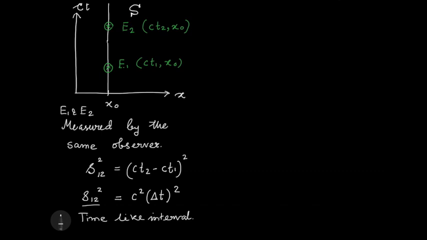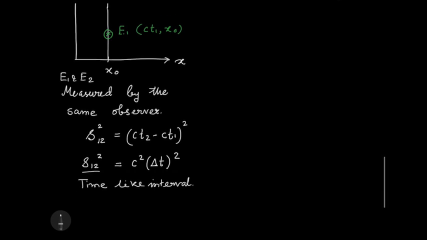That's why there is no minus delta x squared here, that is 0. So this is a very special reference frame where these two events happen at the same position and their time difference is measured by the same observer. So this time difference delta t, we'll write it as delta t0 and we'll call this proper time.